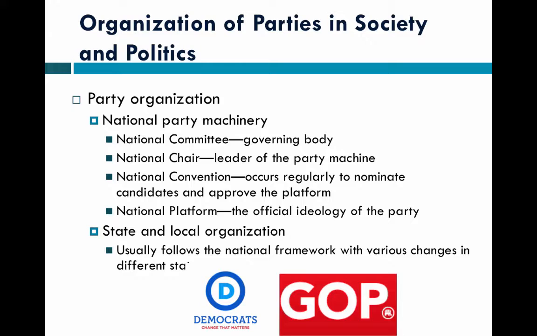In fact, the presidential candidate may not believe in things that are in the party platform. So the party platform is usually a compromise document rather than something that represents everybody within the party. The state and local organizations usually follow a national framework with various changes for different states, including different caucuses, different interest group representation, and so on.